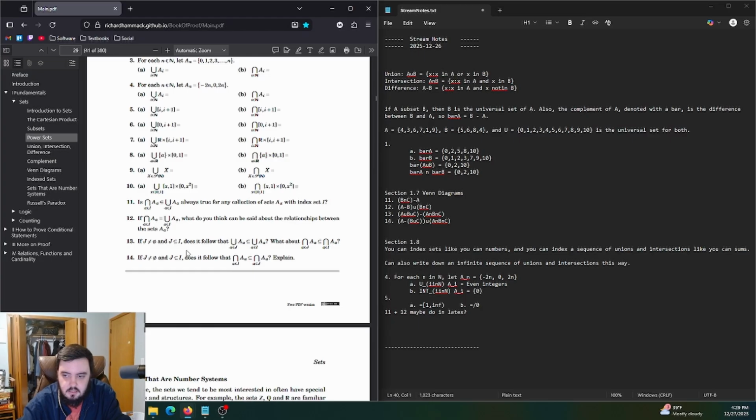If J is not equal to the empty set and J is a subset of I, does it follow that this holds for all alpha in J? Yeah, I would think so. I think that's true.